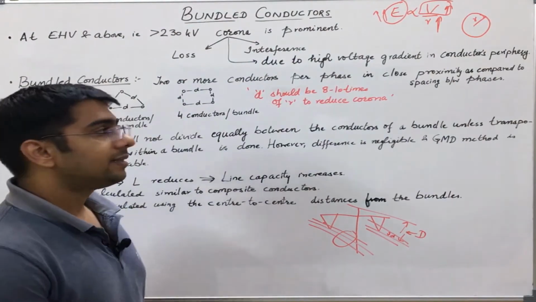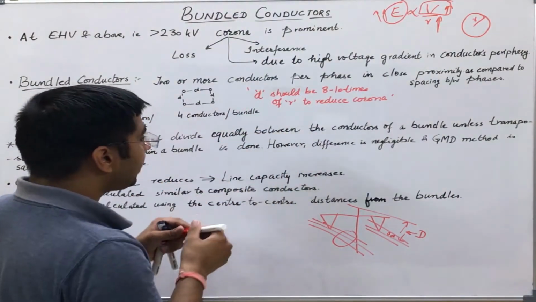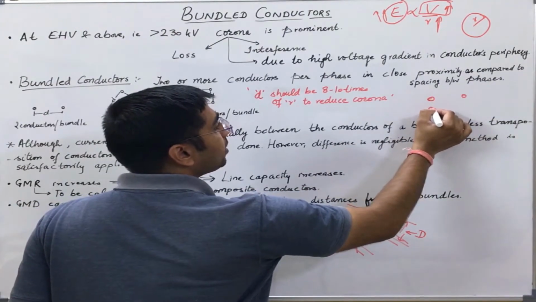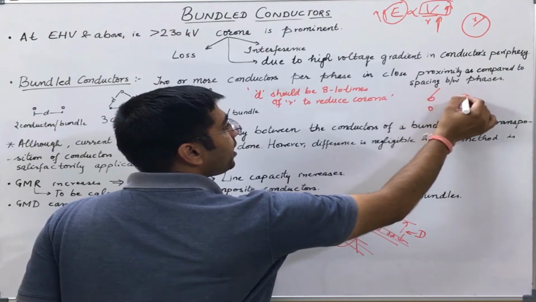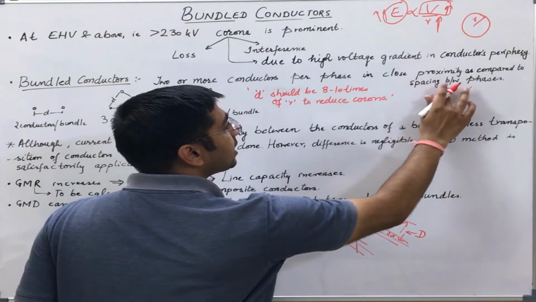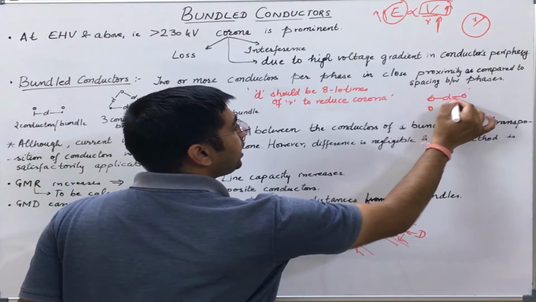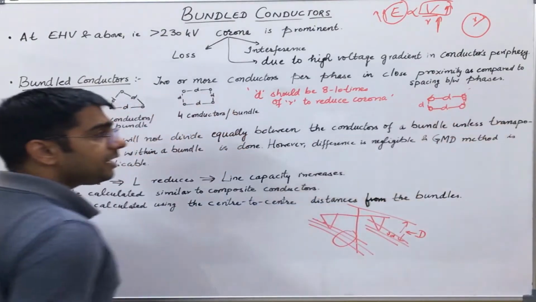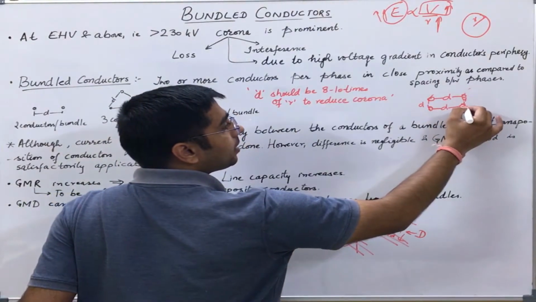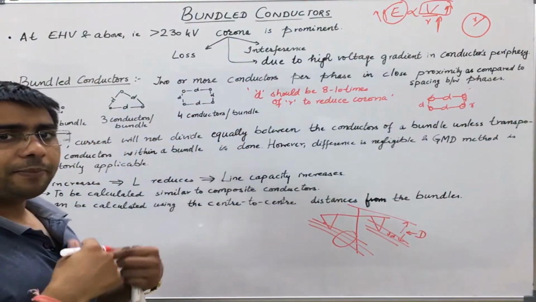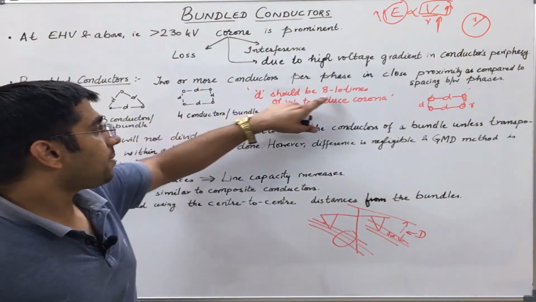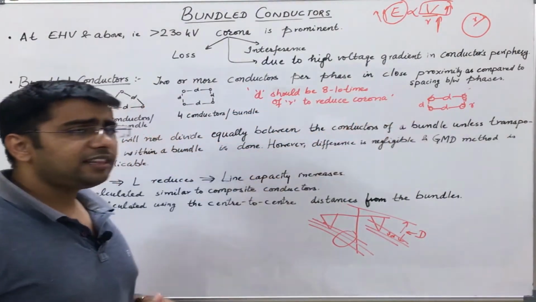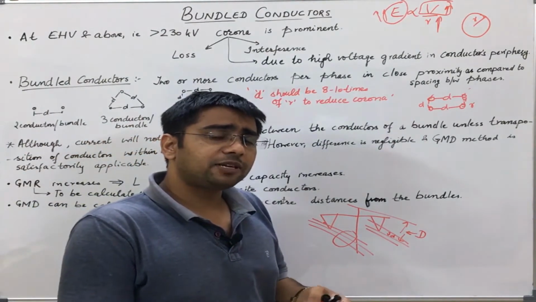Empirically, it has been found that if this small d, the spacing between the conductors of a phase, and each conductor has a radius R, then if d is about 8 to 10 times R, the radius of the conductor, the effect of corona is not that prominent.